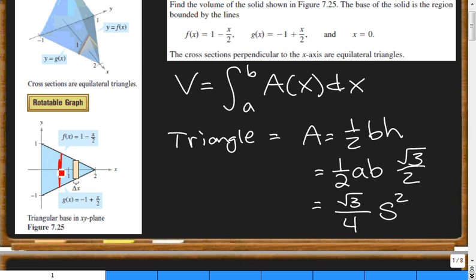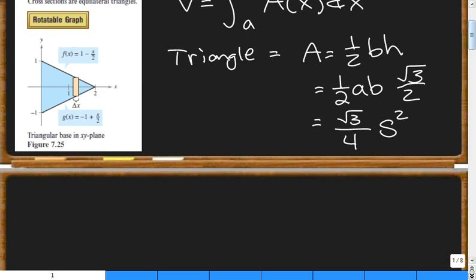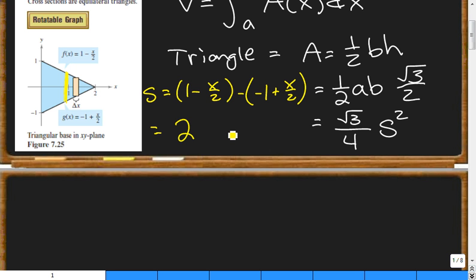So if we were to figure out one of these side lengths, that's going to be the difference in the two graphs. So it's 1 minus x over 2 minus negative 1 plus x over 2. If you added these together, that would be 2 minus 2x over 2, which is the same thing as 2 minus x.